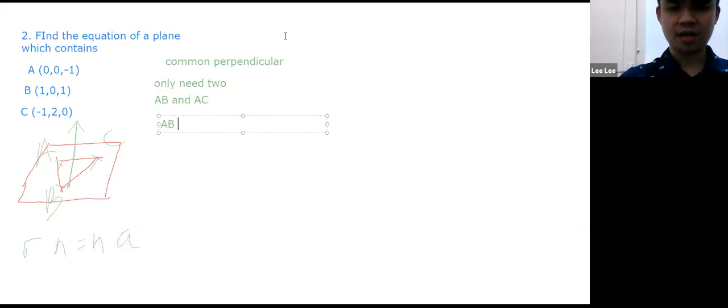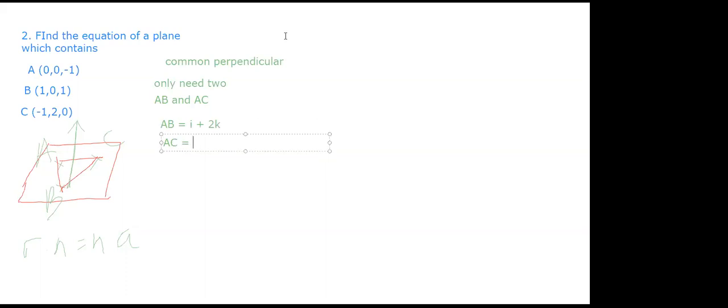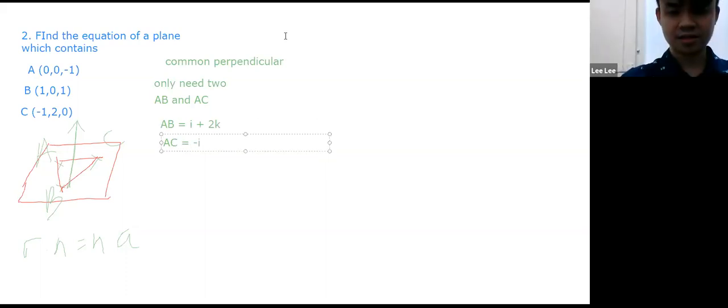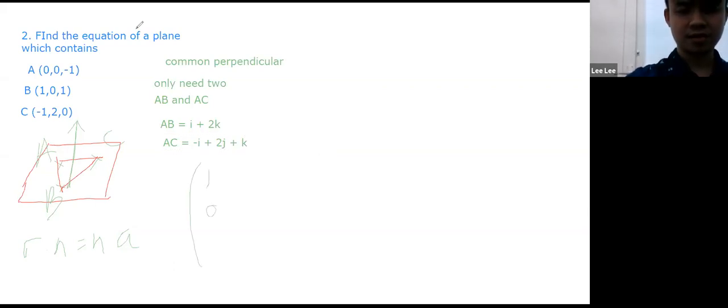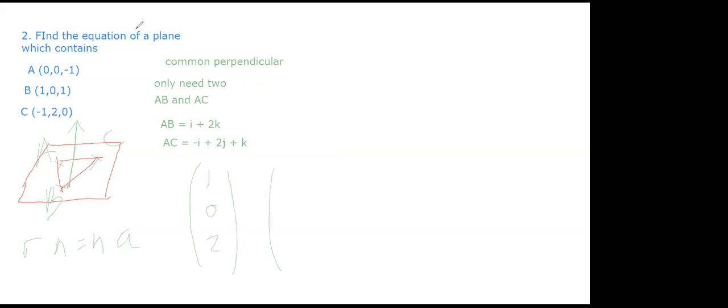AB equals OB minus OA, so i, 0j, and 2k. AC is OC minus OA, so negative i plus 2j plus k. So now the vectors are (1, 0, 2) and (-1, 2, 1).